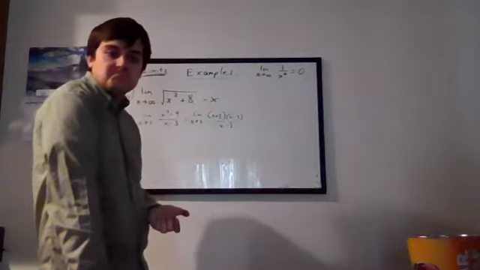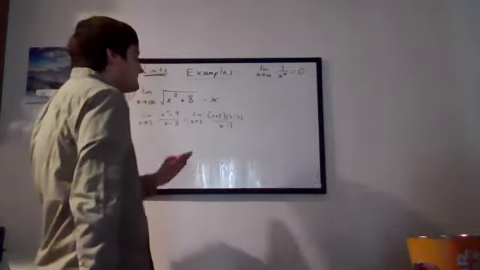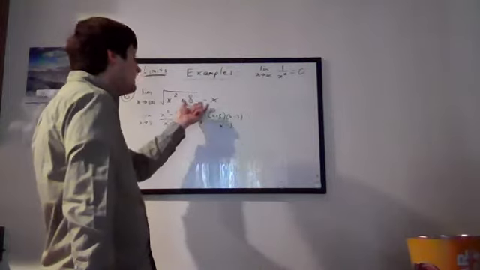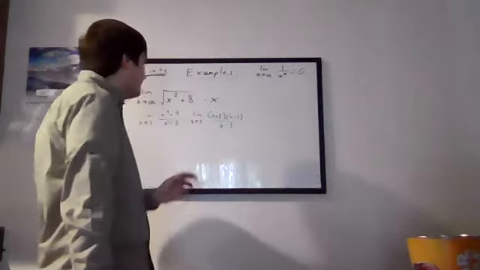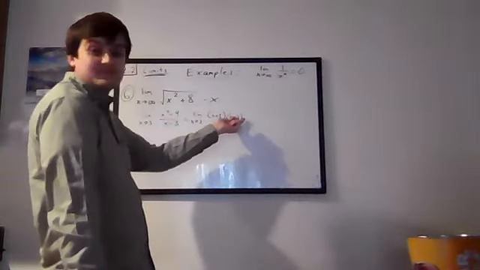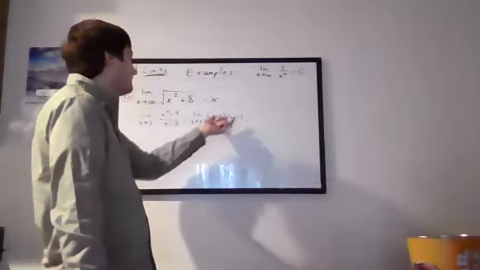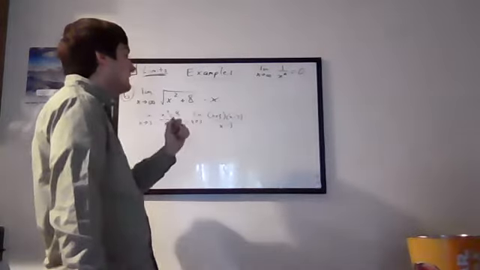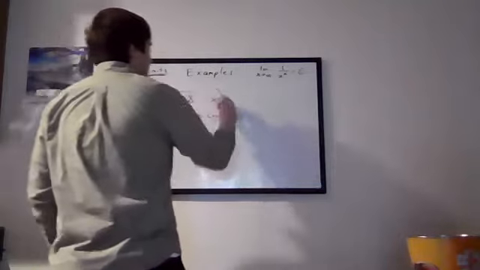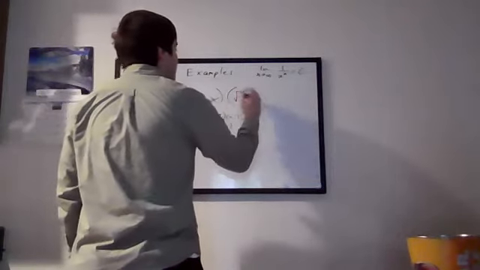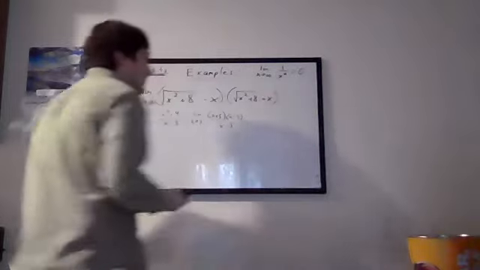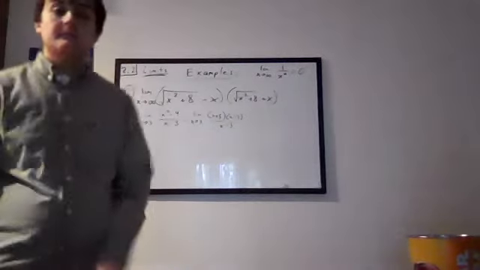What that would require is not for me to multiply this by itself, but to multiply it by, we don't want to multiply by another x minus 3. We want to multiply by an x plus 3. Or in this case, we're going to multiply by the square root of x squared plus 8 plus x.